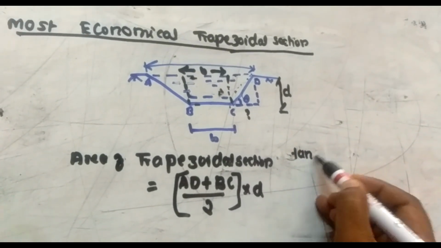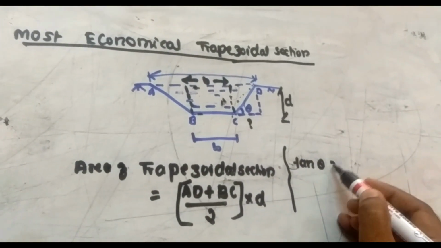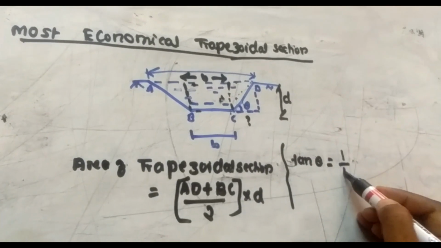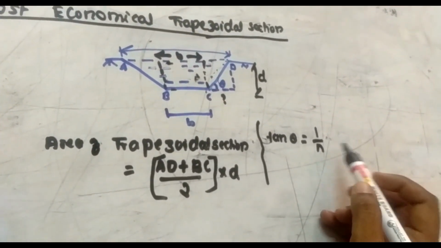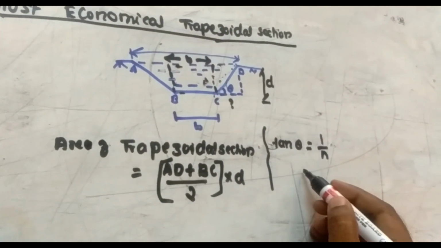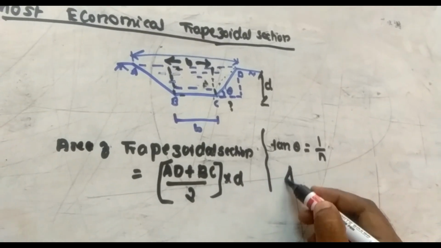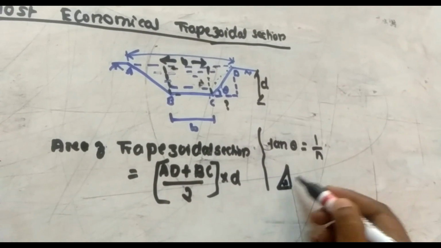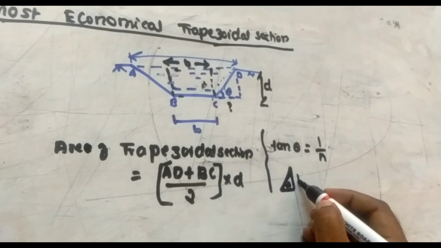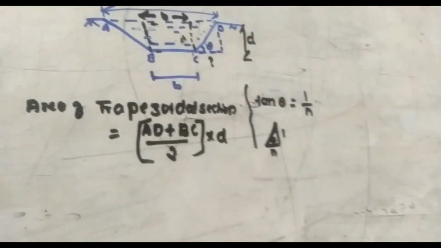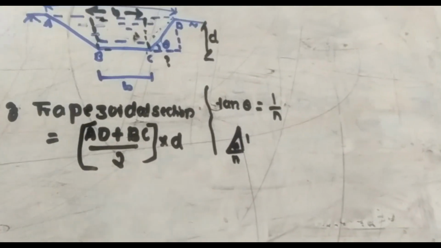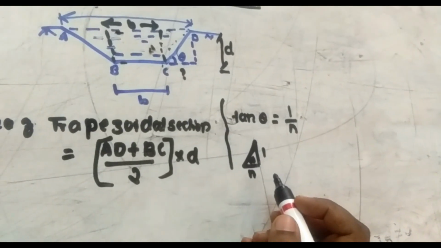Tan theta is equal to 1 by n. It means one vertical and n horizontal. This is theta, this is 1 and this is n. This is the general thumb rule: tan theta is equal to 1 by n.